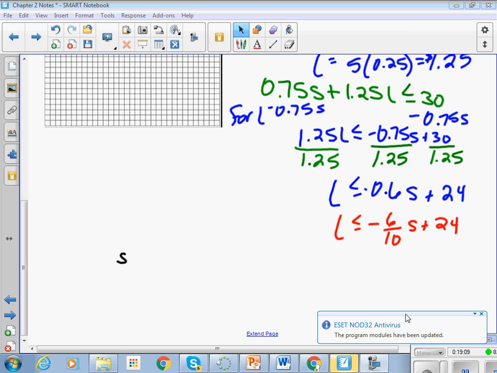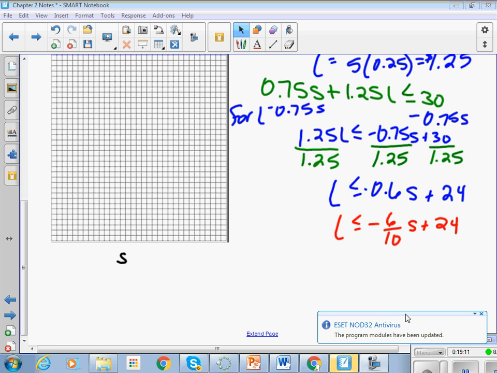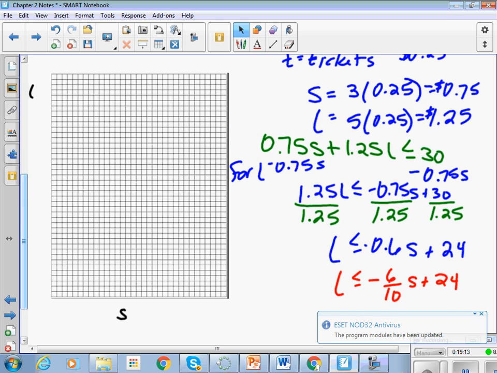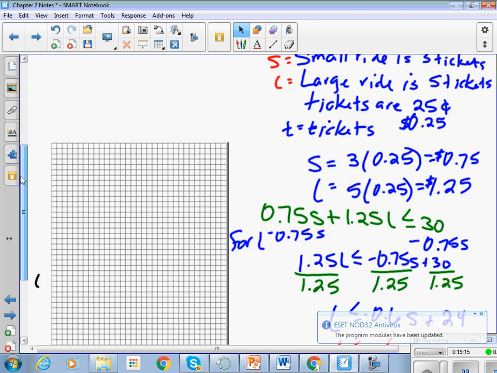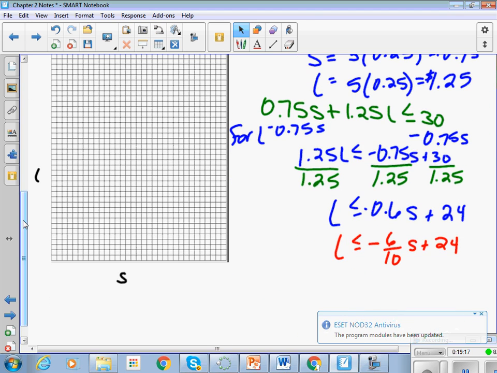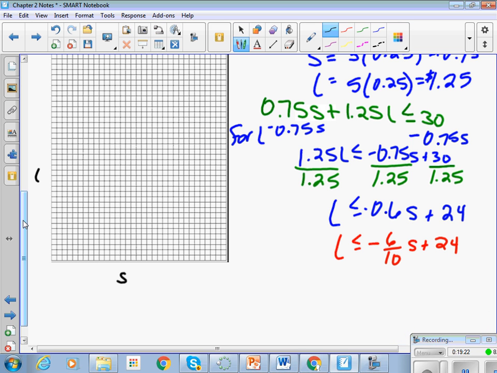So let's bring my graph down. All right, so my y-intercept is at 24.